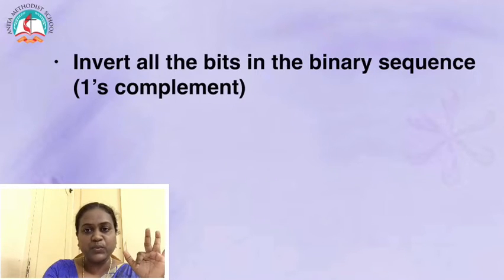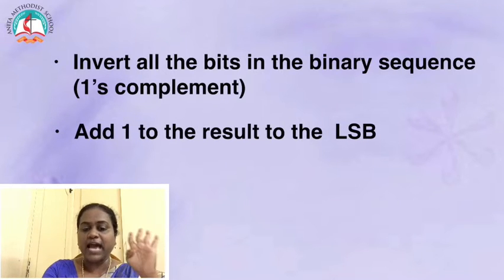Then I will convert all the ones into zeros and zeros into 1. This is my 1's complement. Then the fourth step for 2's complement is to add 1 to the result at the LSB. So you will add 1 to the 1's complement.